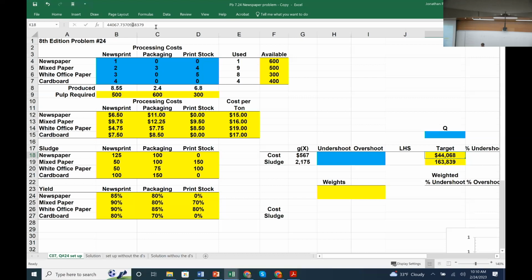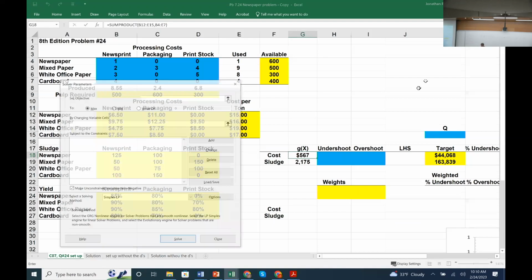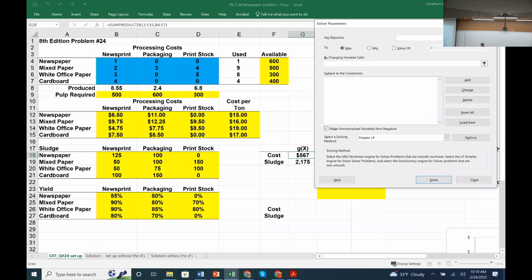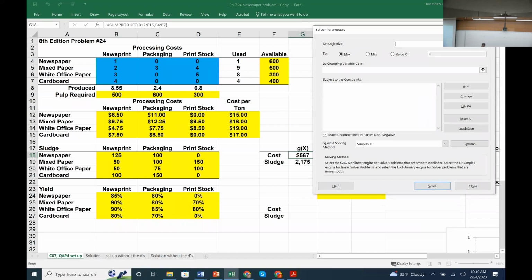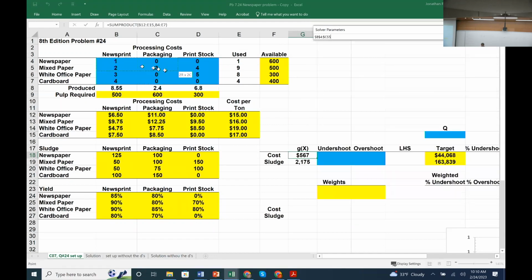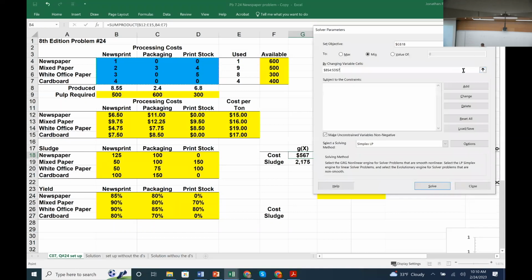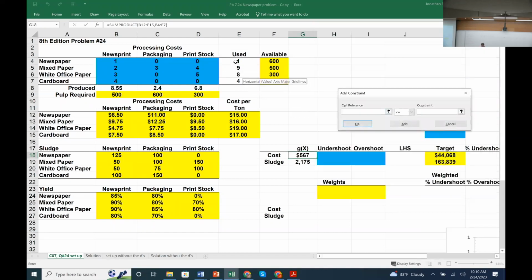Well, we can check it. I'm going to minimize costs and see if we get 44068. So to find a target in a multi-objective problem, you just focus on one of the objectives completely, giving it all of the regular decision variables and all of the usual hard constraints, like don't use supplies that we don't have, and make sure that we produce enough.